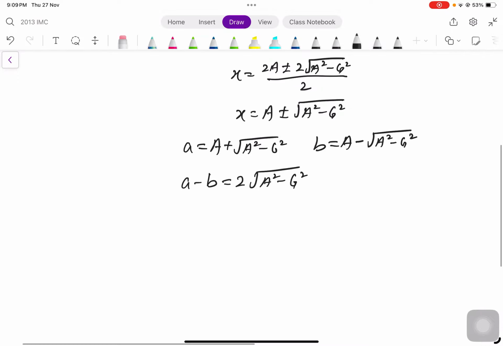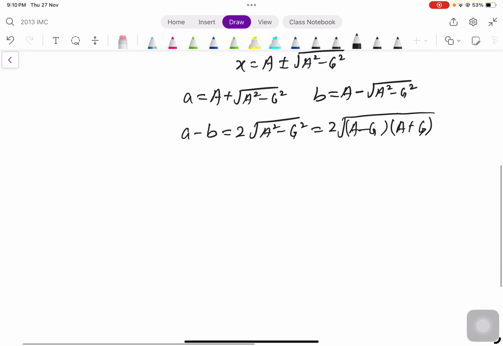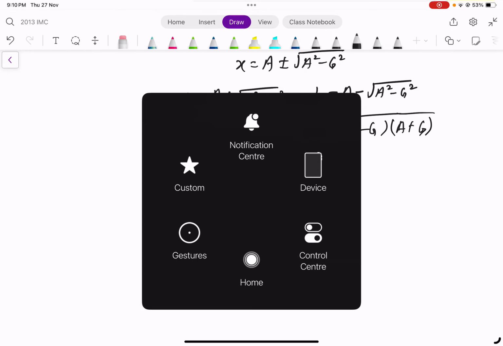Therefore, a squared minus g squared will be just equal to twice the square root of (a minus g) times (a plus g). Then you can see that it has to be a perfect square, right?